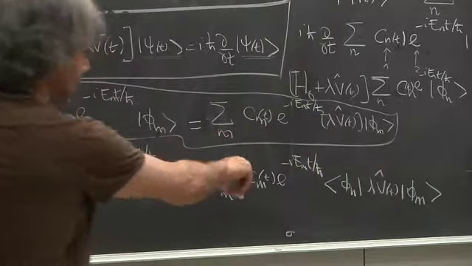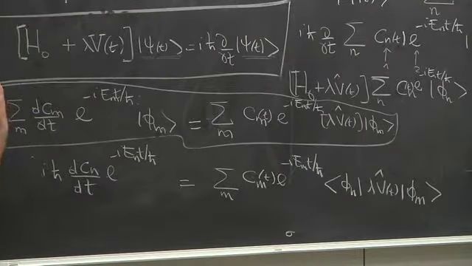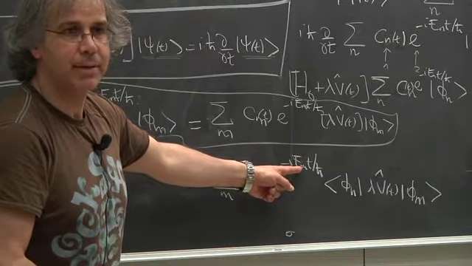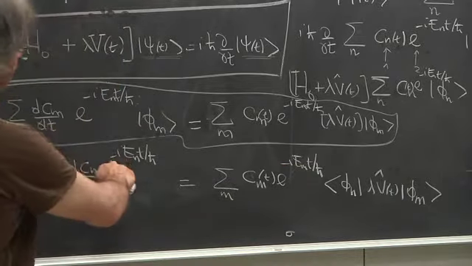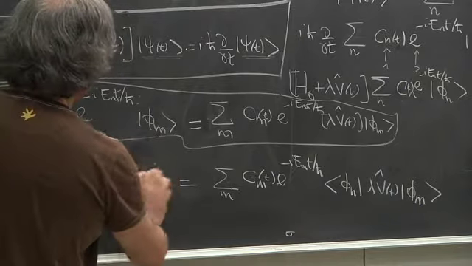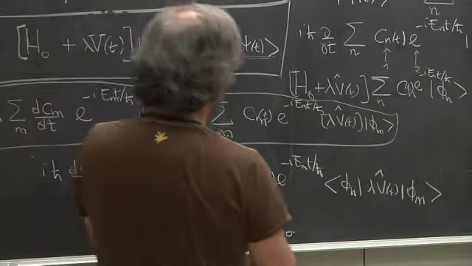So the right-hand side is a sum. The left-hand side is a single term. And indeed, you realize that you can bring this guy together with his friends there. So I just multiply by e to the plus i omega t. And if you allow me, I will do that here.